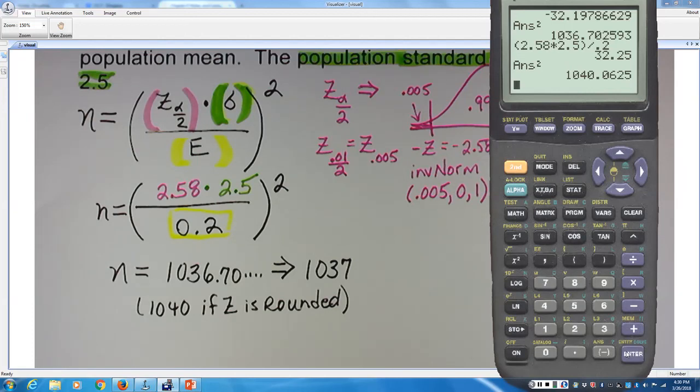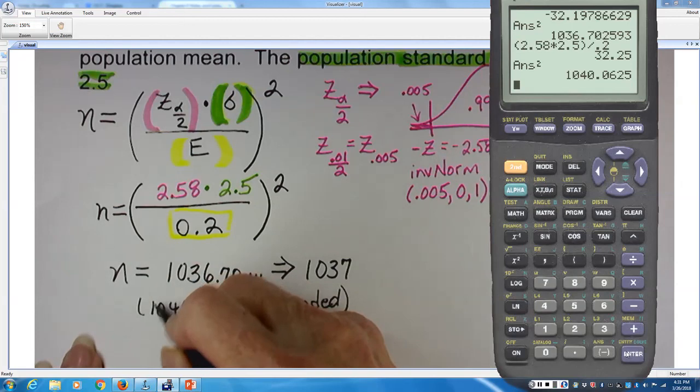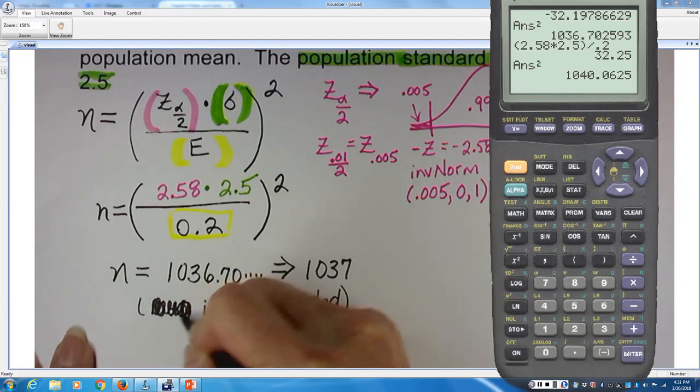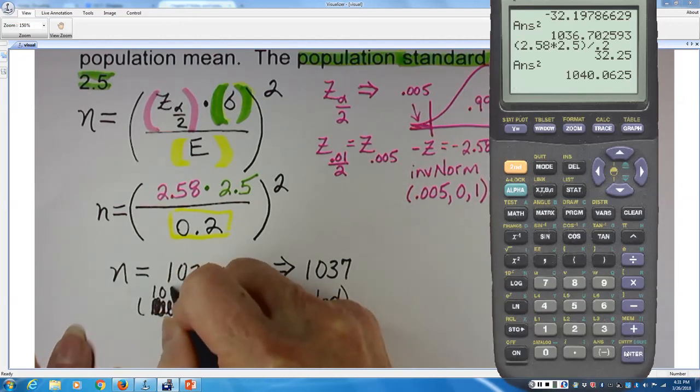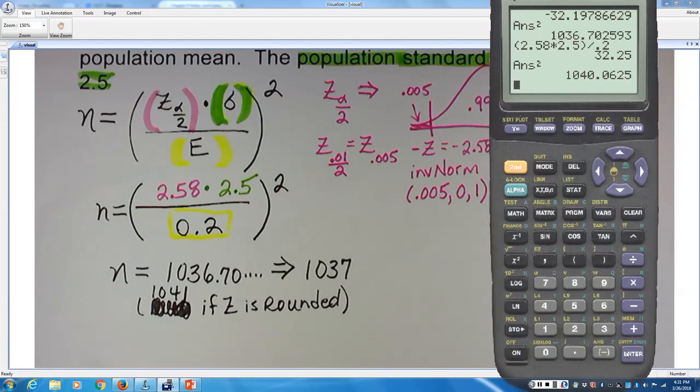And actually, that 1,040 would actually have to be 1,041, because you can't take 0.0625 of the sample either. You still have to take the whole next one. So when you do sample size, it's the same thing as class width. You always round up. Regardless of what the decimal is, you have to round up. It isn't logical to do it otherwise.